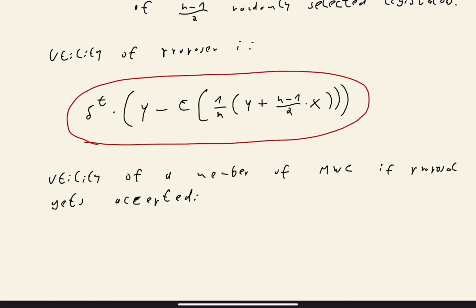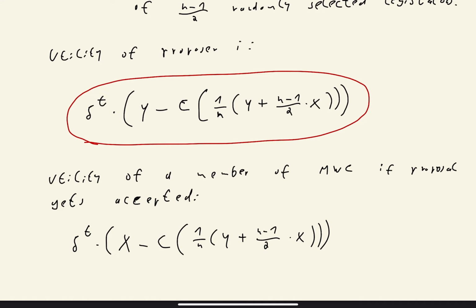He accepts the proposal, and so do all the other members. Then his utility is delta to the power of t times x minus the costs, which are the same as the costs for the proposer: 1 divided by n times y plus (n minus 1) divided by 2 times x. Now this is the utility if the proposal is accepted.